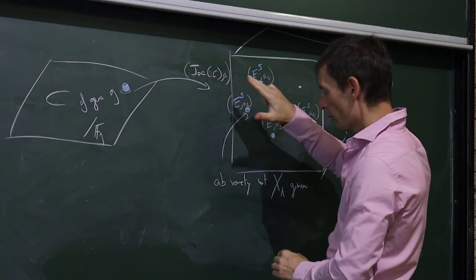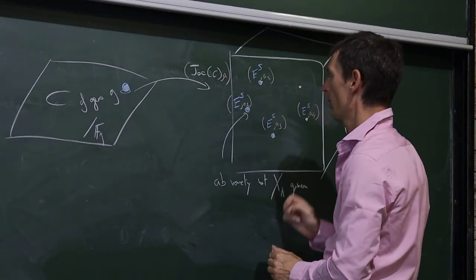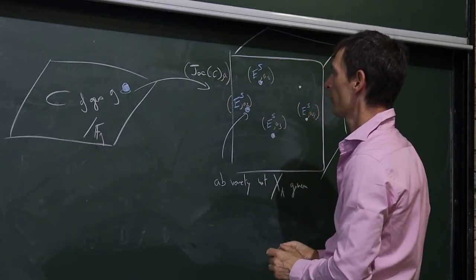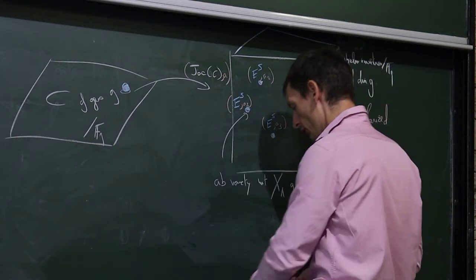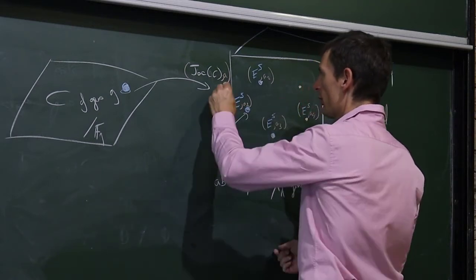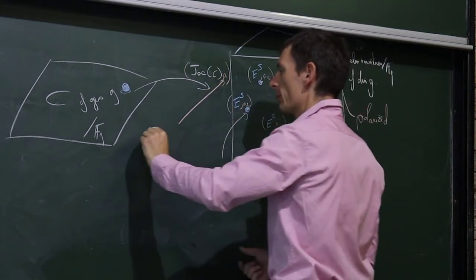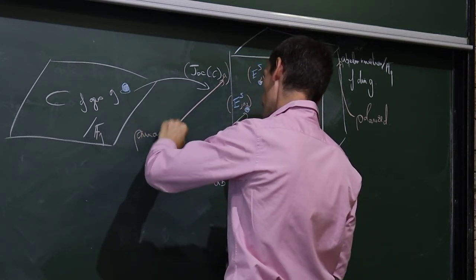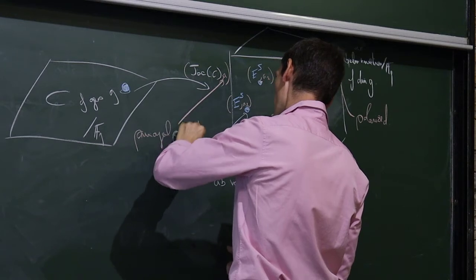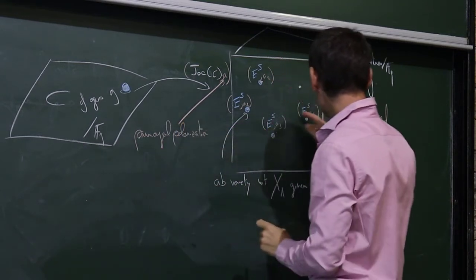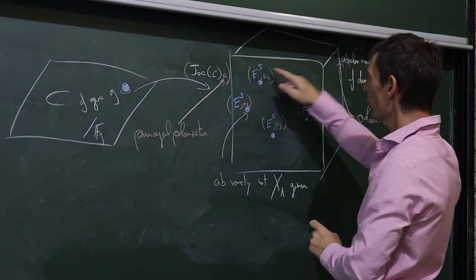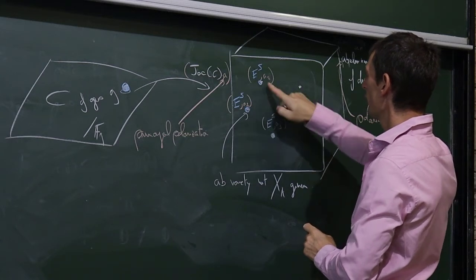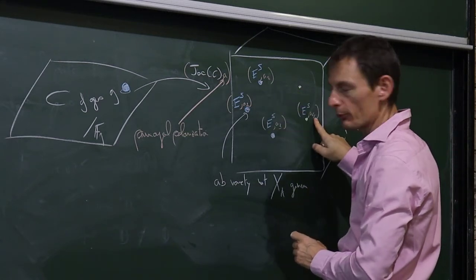And one thing about the Jacobian, as you can see, for instance, in the course of Anna Somoza, is that this polarization is not any polarization, it is a principal polarization. So you want these polarizations on these objects to also be principal polarizations.